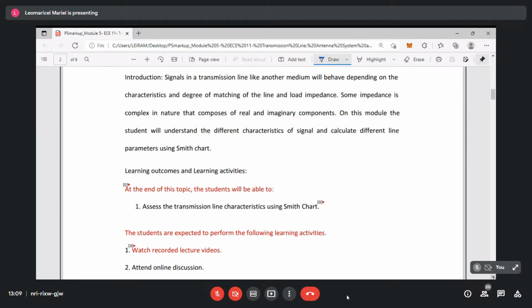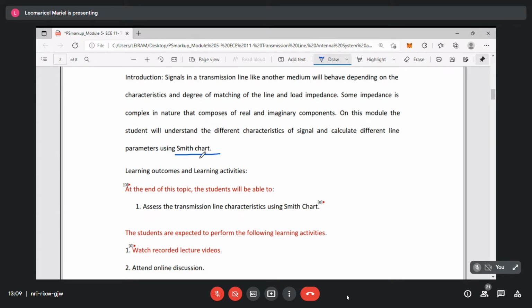Some impedance is complex in nature, composed of a real and an imaginary component. So we have Z equals R plus jX, where R is the real component and X is the imaginary component. In this module, the student will understand the different characteristics of the signal and calculate different line parameters using the so-called Smith chart.